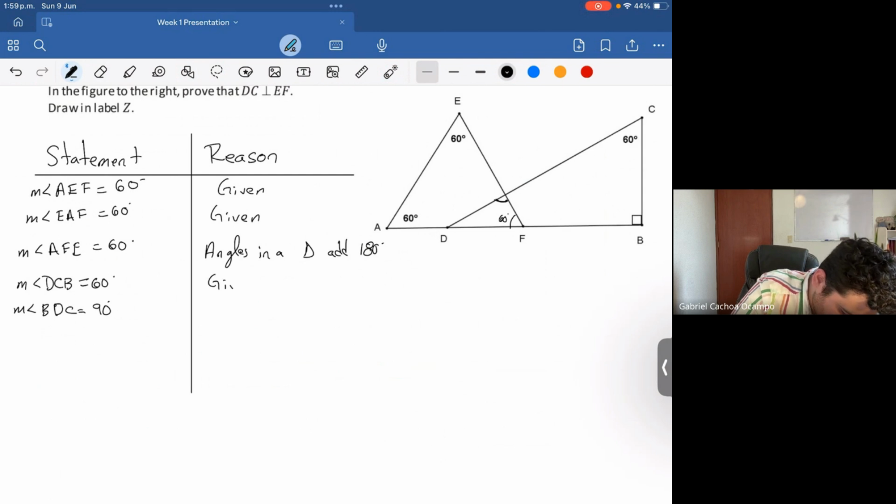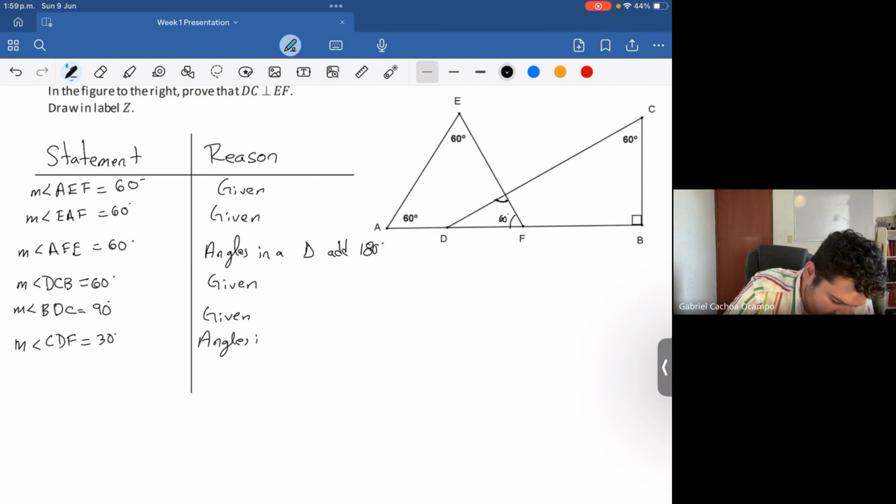And this is given, because they're giving you this square. Then angle CDF is 30 because angles in a triangle add to 180.